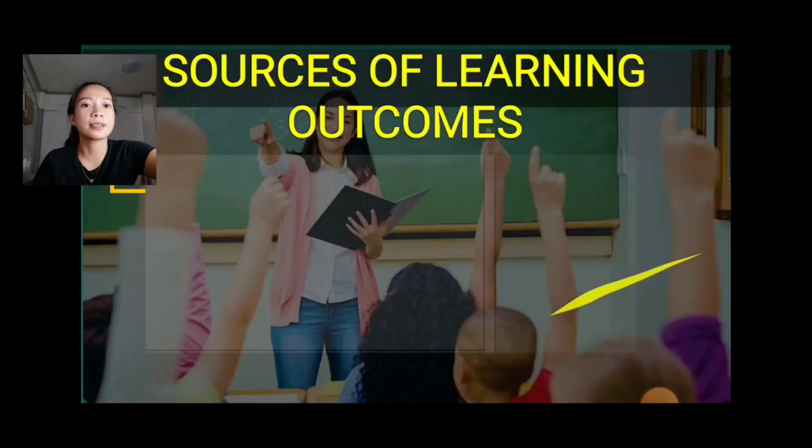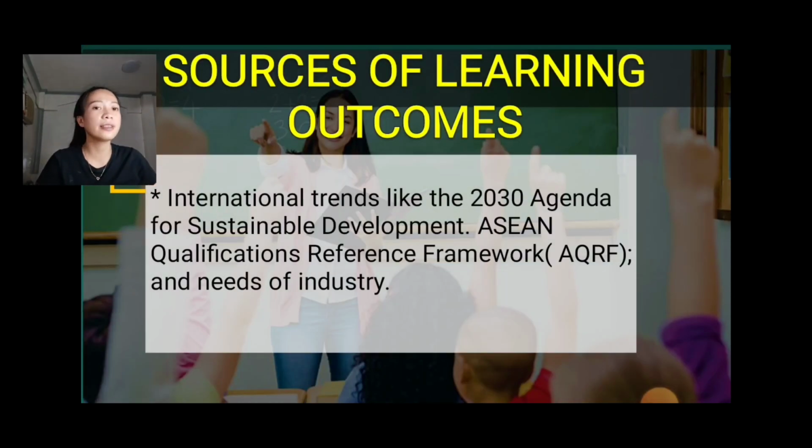Okay, last is the international trends like the 2030 Agenda for Sustainable Development, the Asian Qualifications Reference Framework, and needs of industry. So international trends such as the 2030 Agenda for Sustainable Development and the Asian Qualifications Reference Framework have significant implications for the education and training sectors in the Philippines.